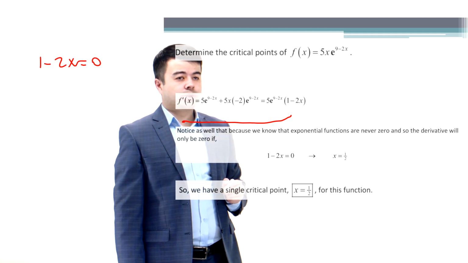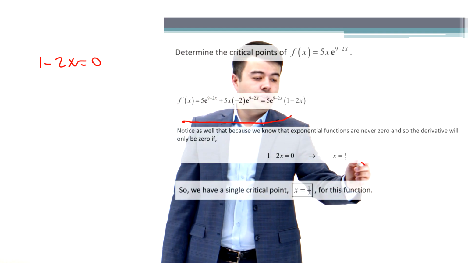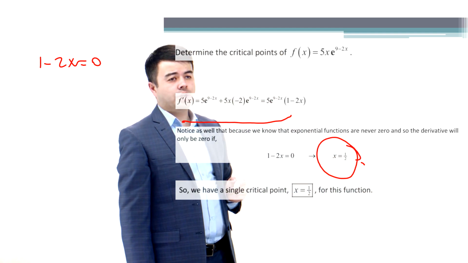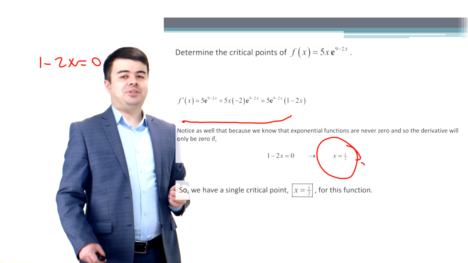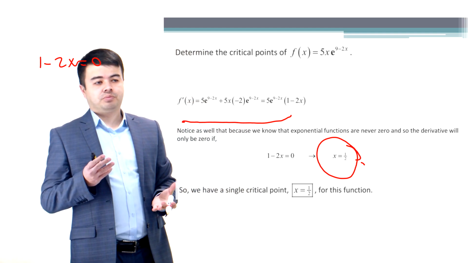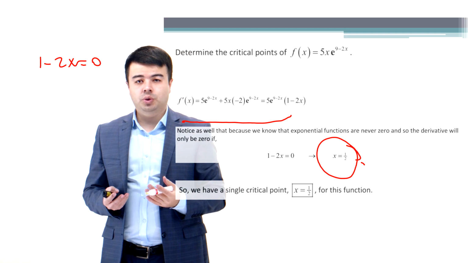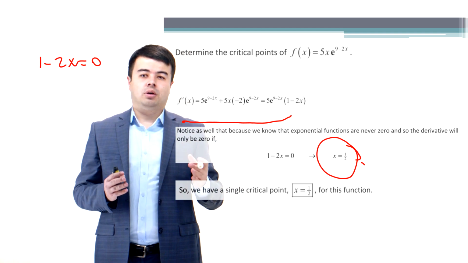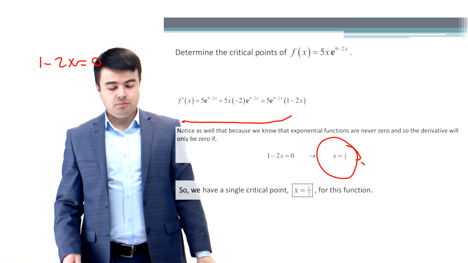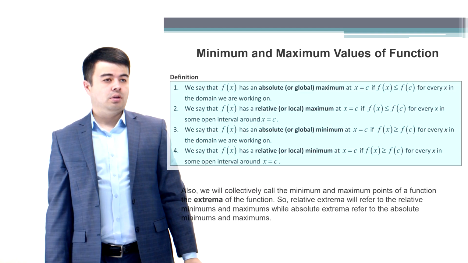Hence x equals 1 over 2, which is the solution of our equation, and it gives us the critical point. So x equals 1 over 2 is the critical point of the function.